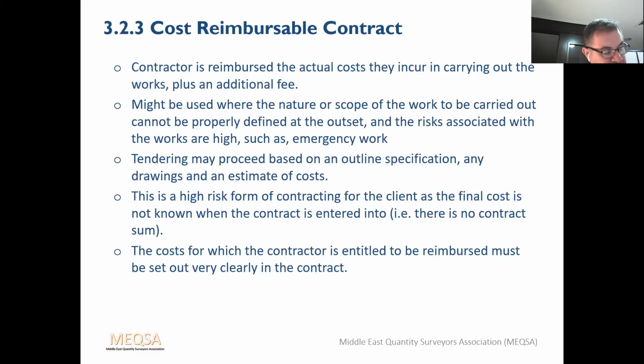The contractor can be incentivized to operate efficiently by the introduction of a target cost. Here, the target cost is agreed at the beginning of the project. At the end of the project, the actual cost is compared to the target cost, taking into account any changes that have been agreed. So if there are any variations, the target cost will go up or down, depending on the variation.